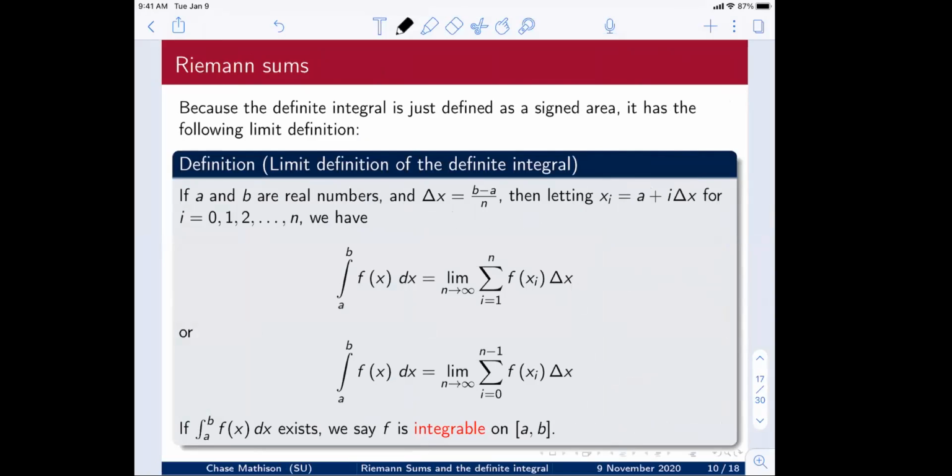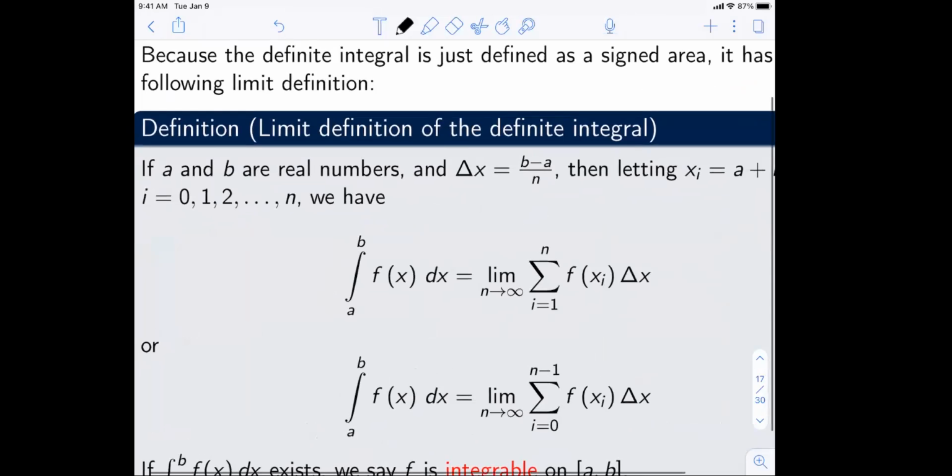This is just the left and right Riemann sums when you take the limit as n goes to infinity. Okay, so now we just have this fancy symbol that really just means signed area under f of x. So I don't have to keep using a highlighter to indicate what this sum is.